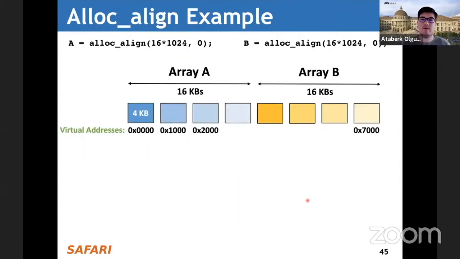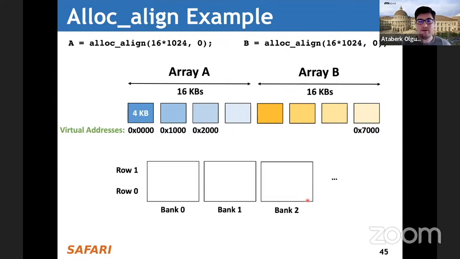Now I will describe how malloc works over an example. So here in this example, we have two arrays, A and B. We want to map these into the same subarray such that we can copy from one to another. And these arrays are size 16 kilobytes in this example. And here are multiple DRAM banks and 2 rows depicted in the same subarray.